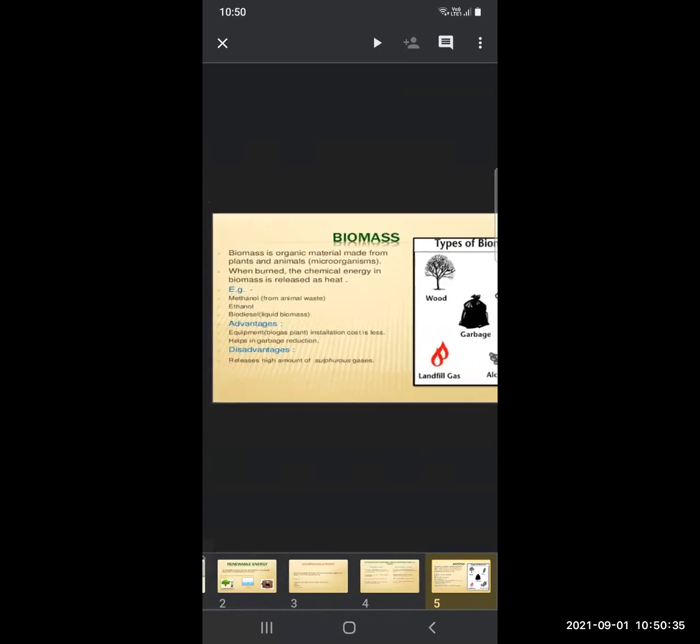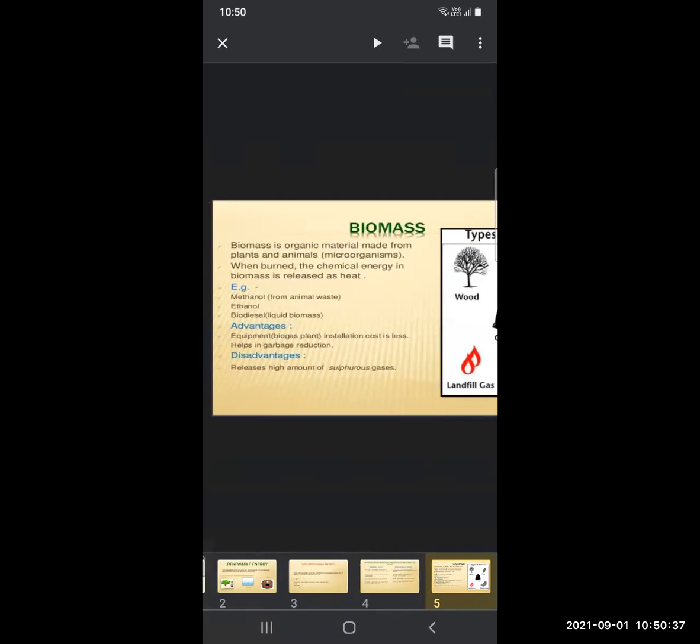You see the biomass. Biomass is organic material made from plants and animals. When burned, the chemical energy in biomass is released as heat. So what are the examples? Methanol from animal waste, ethanol, biodiesel, that is liquid biomass.